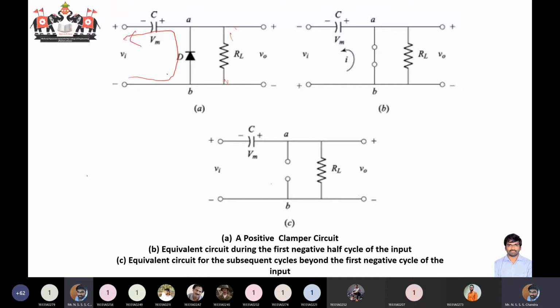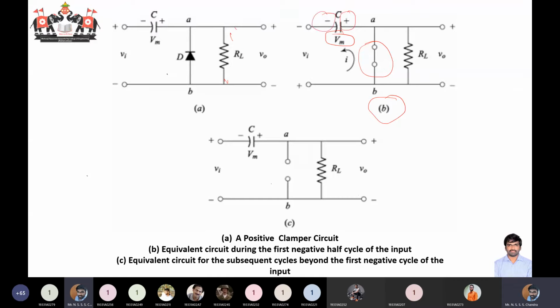This is the direction of the charging current, for the negative half cycle, as in figure B. You can see the charging current direction. So from the first negative half cycle, your diode is in the on condition, and your capacitor gets charged until the peak voltage Vm.